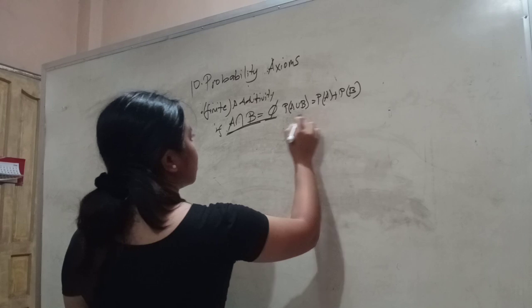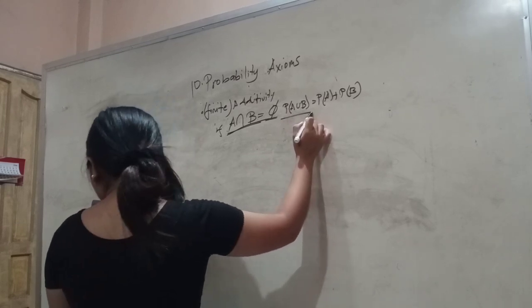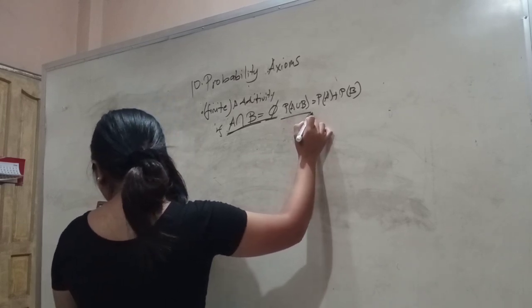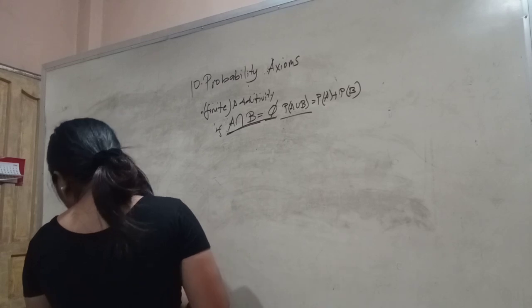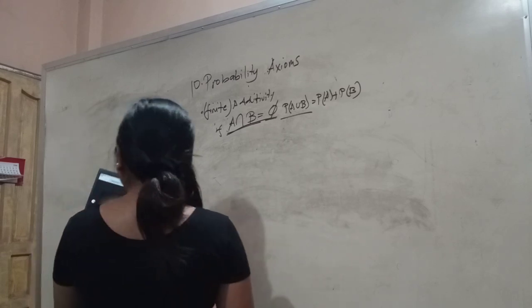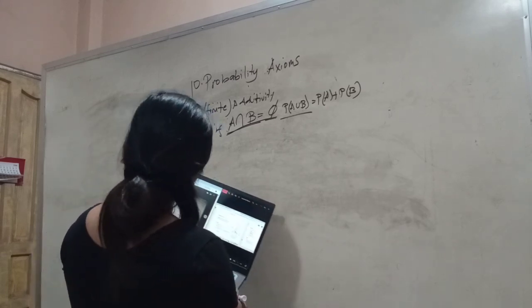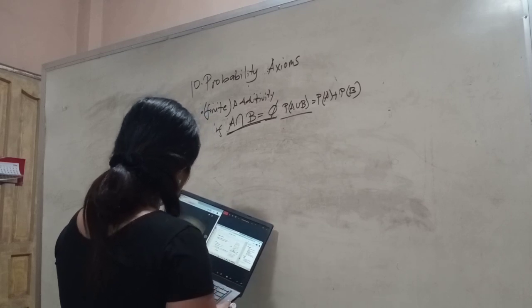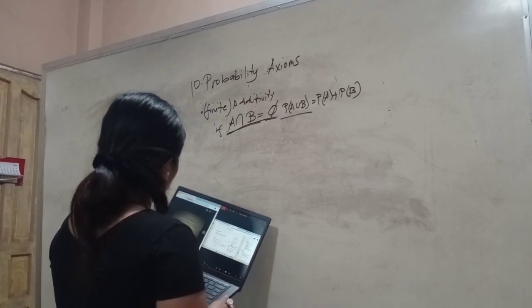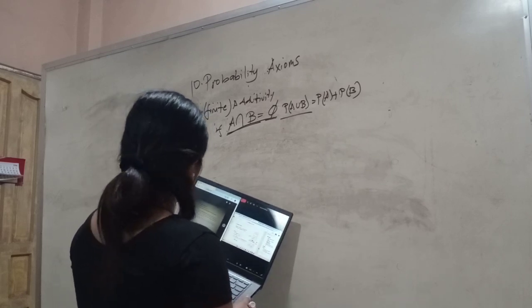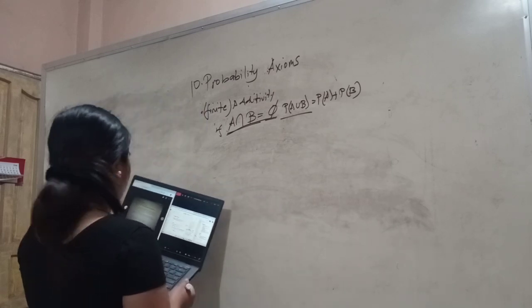And this one means A or B, the union of the events. So if A and B cannot happen at the same time, then to find the probability of A or B, you just add their individual probabilities. There is no overlap to worry about. So yeah, that's it.